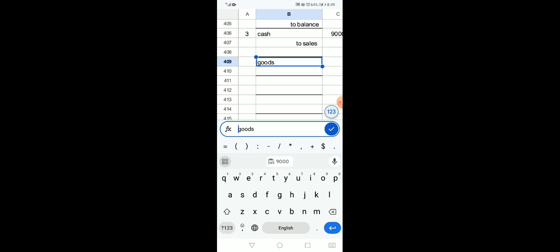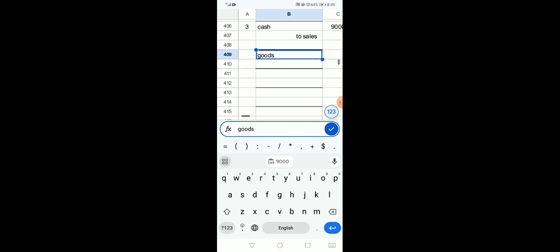So asset is increasing, increase in asset should be debited. You were supposed to write goods on debit side, but you do know that we do not write goods in accounting. In place of goods we write working, and what working we are doing, we are purchasing, so you will mention purchase on debit side. Goods is now unnecessary to be written over here, it was just a reference, you can erase it.